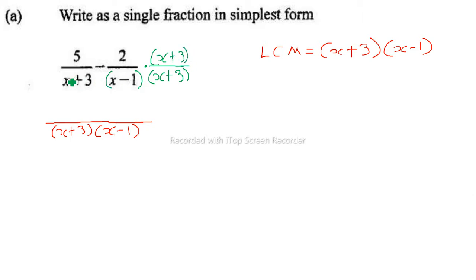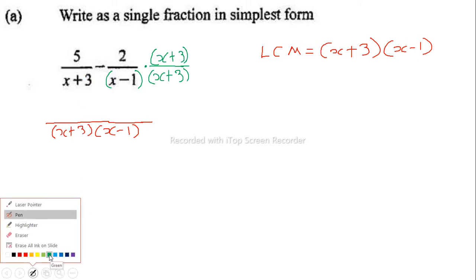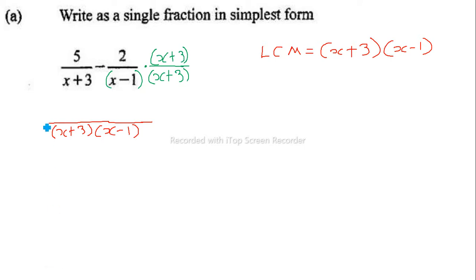Similarly, we have x plus 3. What are we missing? X minus 1. Very good. So you're going to multiply this side by x minus 1. That dot means multiplication. And so it's going to be x minus 1.